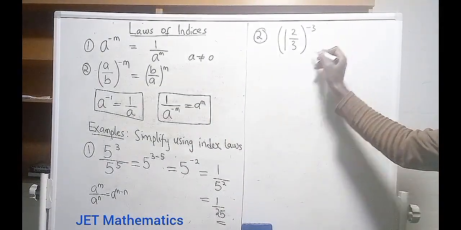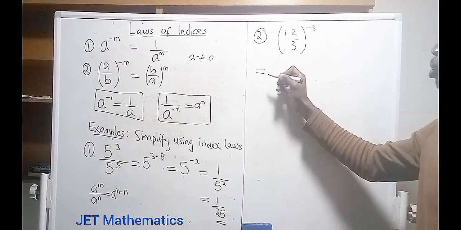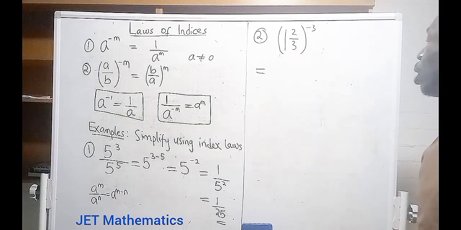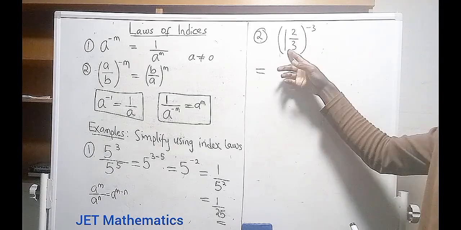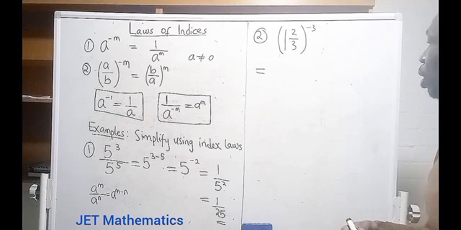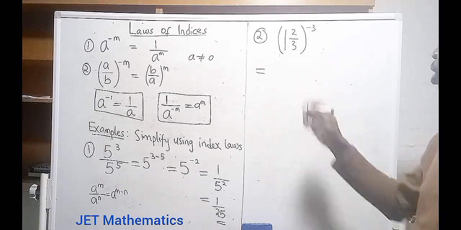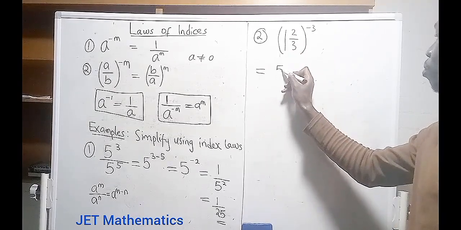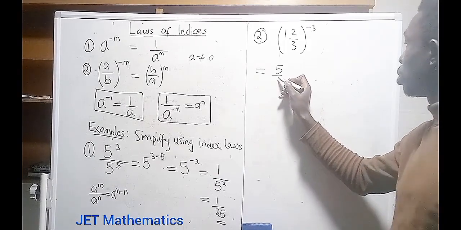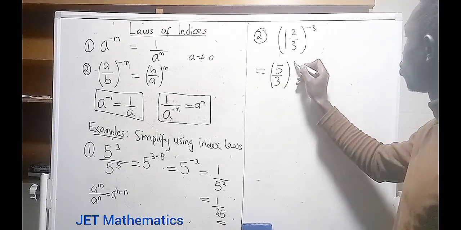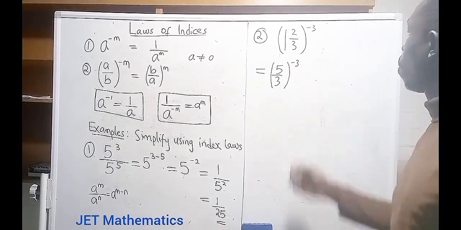This is quite easy. First, we'll change this to an improper fraction. It's a mixed number here, so let's change it to an improper fraction. So 3 times 1 is 3, plus 2 is 5. So we have 5 over 3 all raised to the power of minus 3.